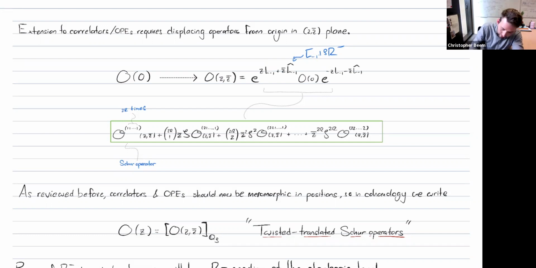When you work it out, you get operators that live at other points, which look like the usual translation of your original operator, one of your Schur operators now living somewhere else in the z, z-bar plane, plus a finite sequence of corrections which have explicit z-bar dependence, multiplying an operator that I get by starting out with my Schur operator and lowering SU(2)_R indices a finite number of times, as many times as I have powers of z-bar. And there are some coefficients that you can work out.